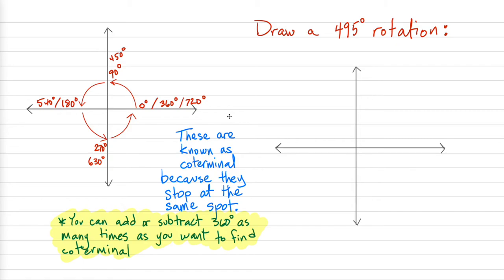This is kind of what I just said out loud. If you start here, that's known as 0 degrees. Turning counterclockwise is going to be positive. So that's 90, 180, 270, 360. And you can keep turning as much as you want.